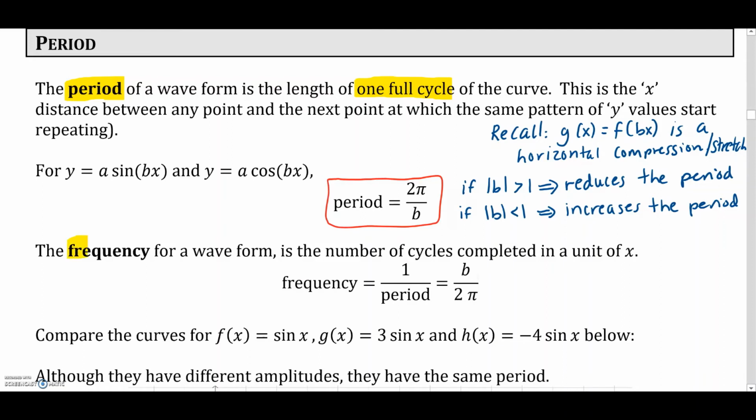The frequency of a waveform is defined as the number of cycles that are completed in one single unit of the horizontal axis, so often denoted as x. Written as an equation, frequency is equal to 1 divided by the period, which is equivalent to b divided by 2 pi.